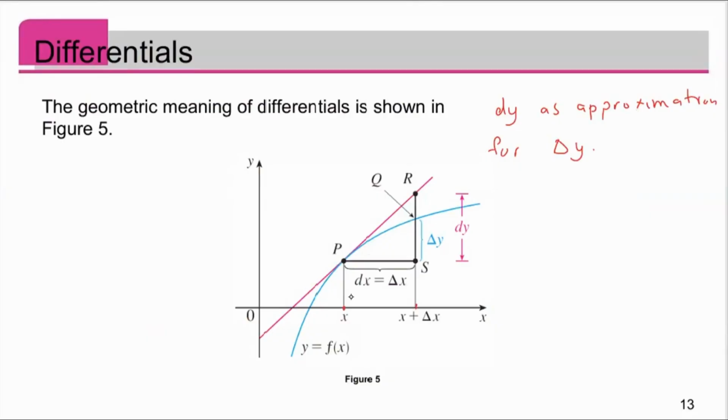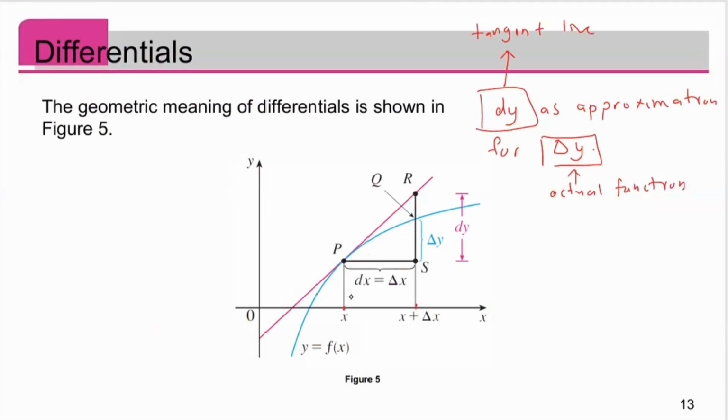To make it easy, dy here is the change related to the tangent line, and delta y is the change related to the actual function. Because the pink line that we have in this figure is the tangent line and the blue one is the actual function. So what is delta y here?